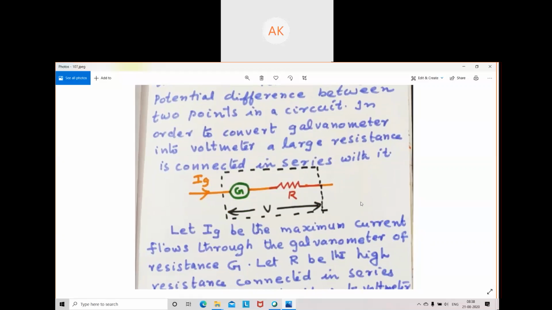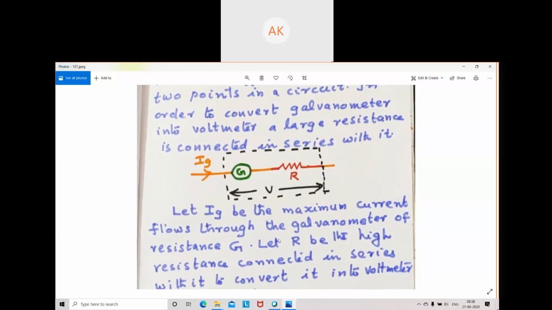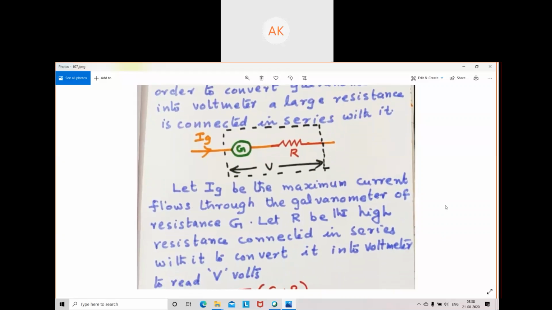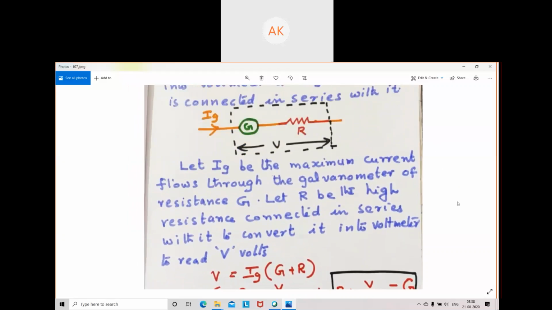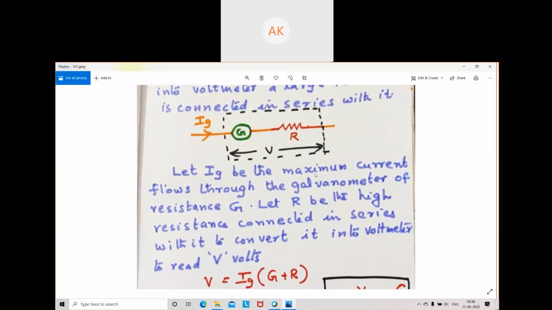Let Ig be the maximum current flowing through the galvanometer of resistance capital G. Let R be the high resistance connected in series with the galvanometer. Then from the figure we can see the potential difference across this combination together. See why dotted lines are drawn here? Dotted line, did you understand?